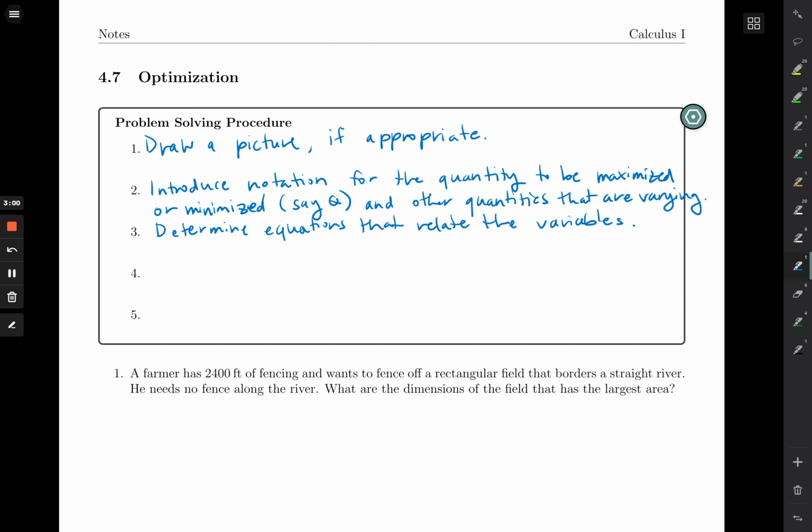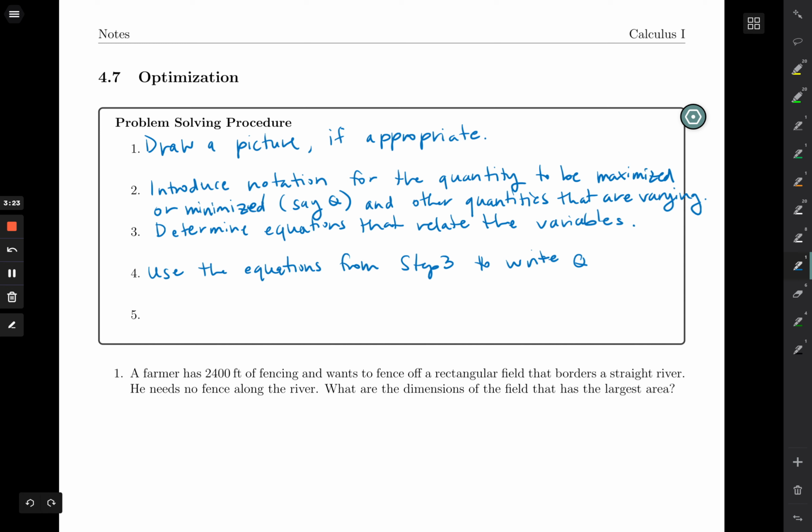And then the fourth step is to use the equations from step 3 that you've just found. And you want to write Q in terms of the other variables.